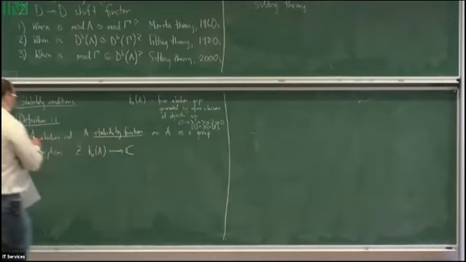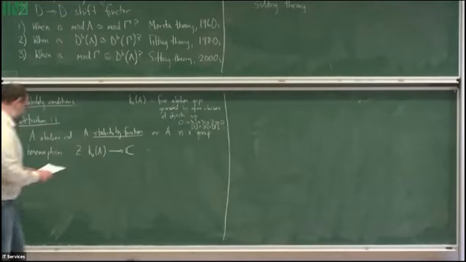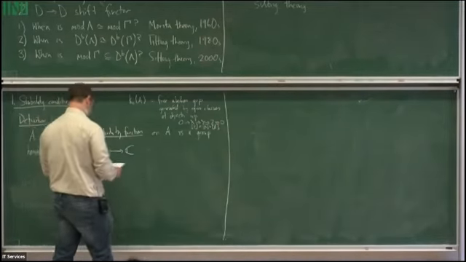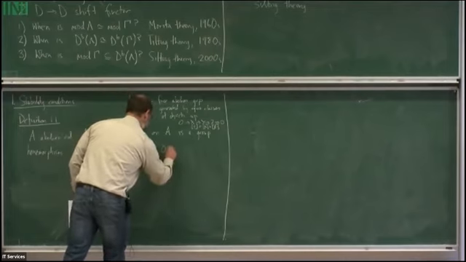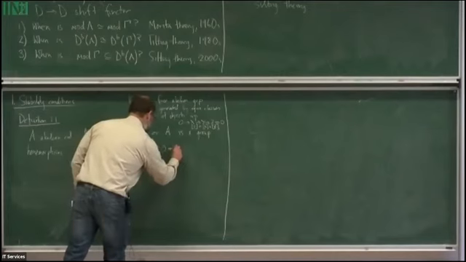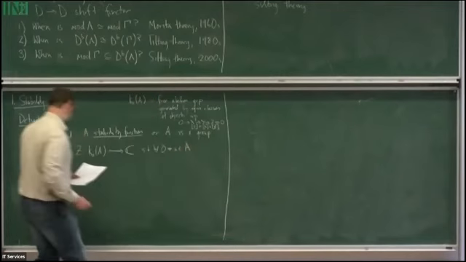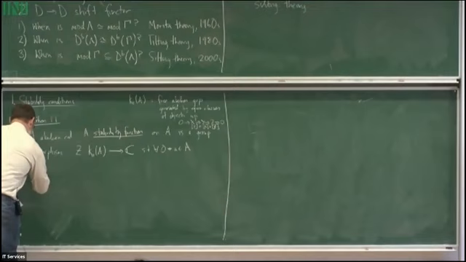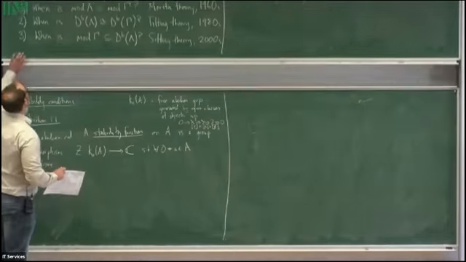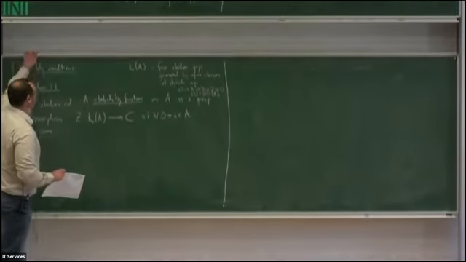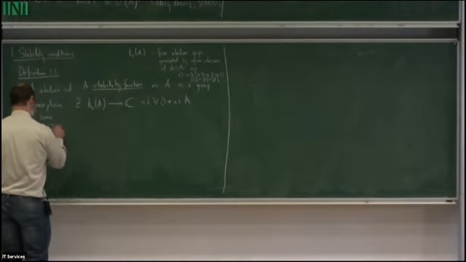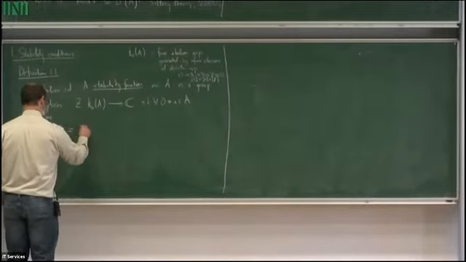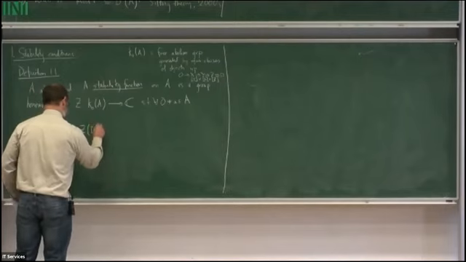So a stability function is a homomorphism Z from the Grothendieck group to the complex numbers, such that for any non-zero object A in the category, we have Z of A. So this is the last time I'm going to write it.